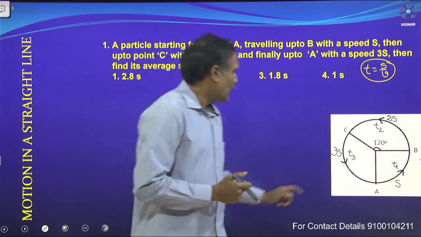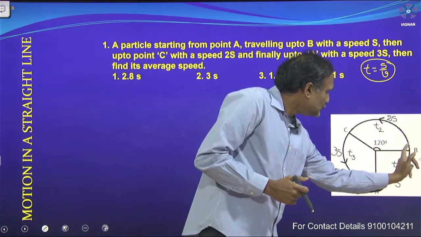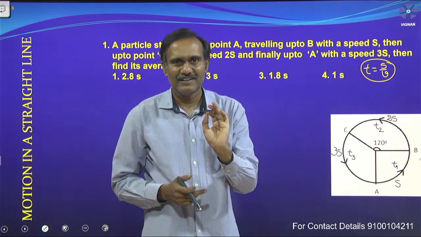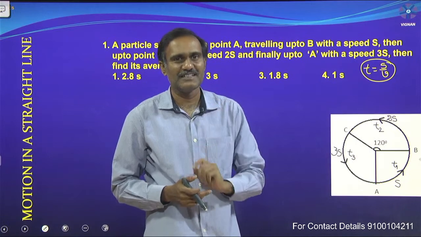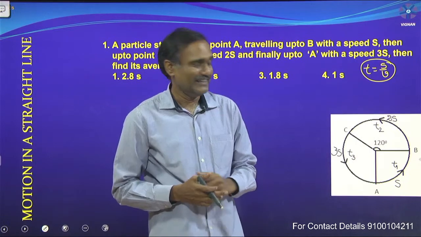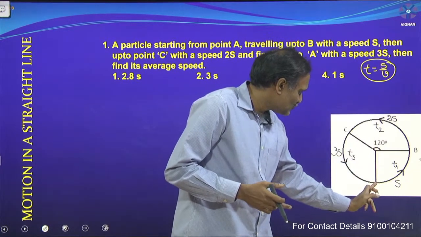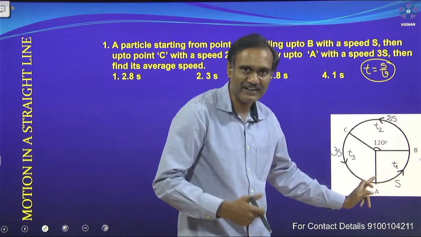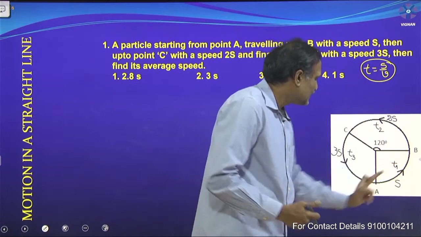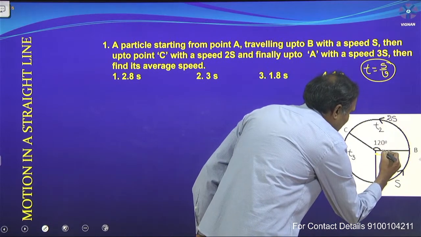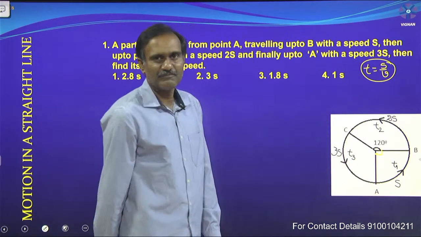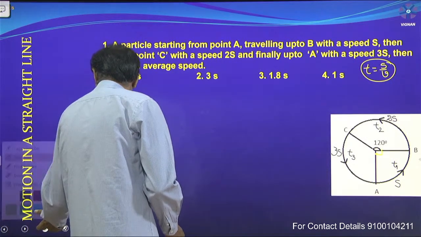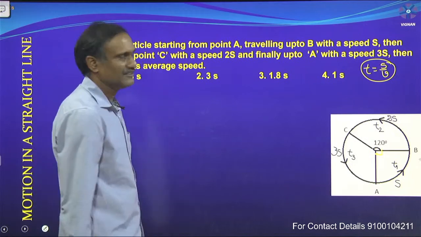Now here, when the particle moves from A to B, tell me what is the distance travelled by the particle? Here the line joining the center to the point A is nothing but the radius. This radius subtends an angle. How much angle is it? 90 degrees. That angle is equal to 90 degrees.